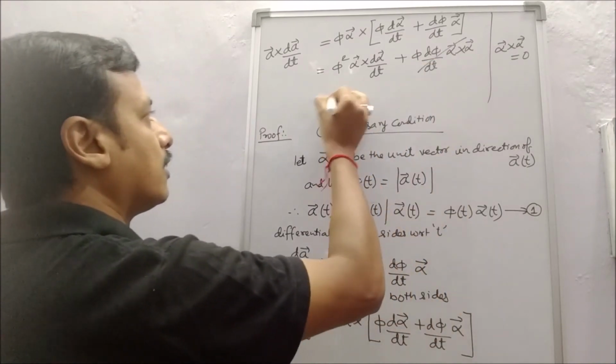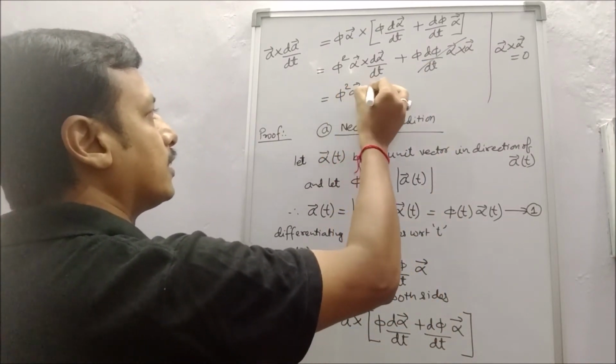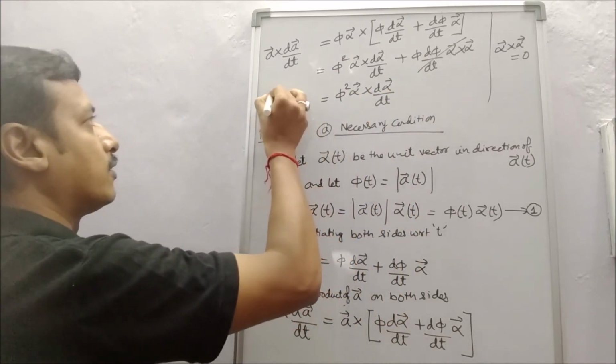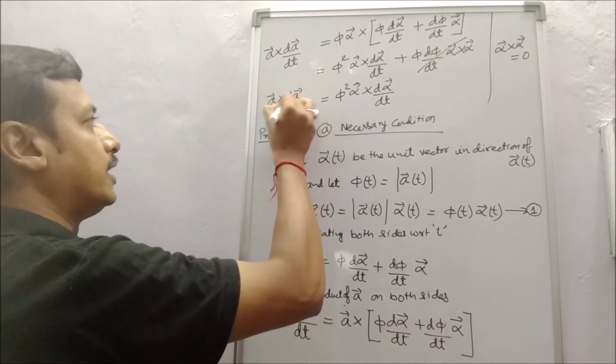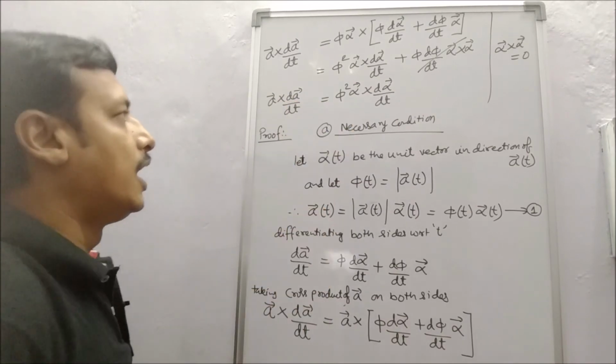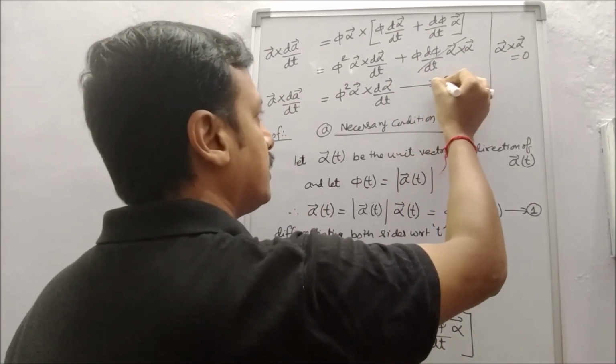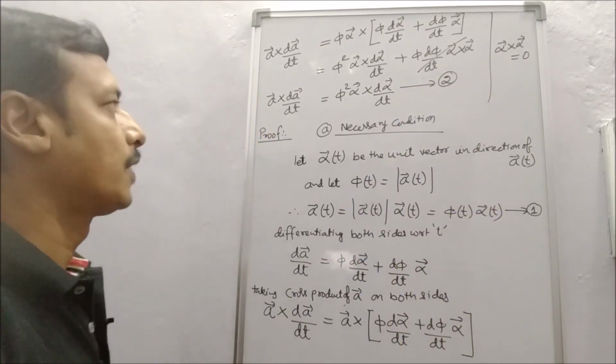So we have A cross dA by dt is equal to phi square alpha cross d alpha by dt. This is equation number 2.